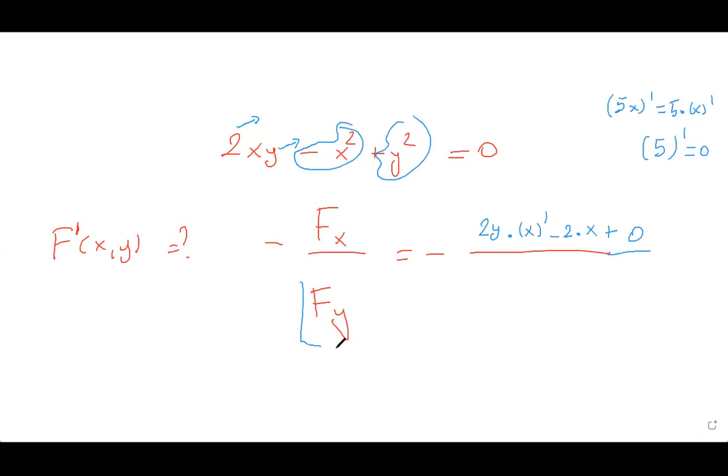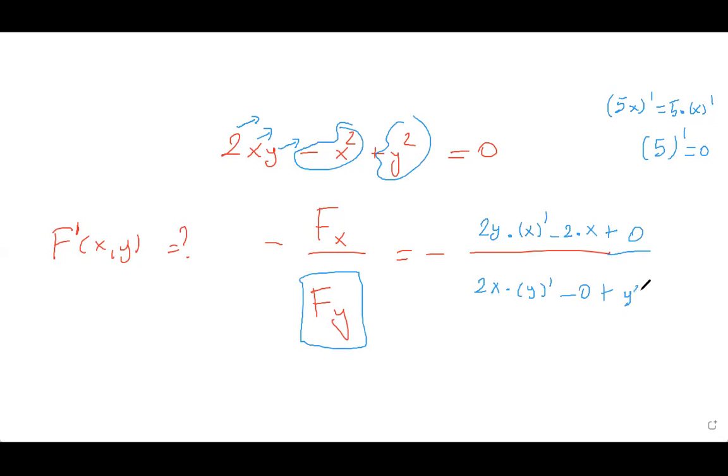Now the derivative with respect to y. So 2 is a number, x is a number, y is a function. That means 2x times the derivative of y, minus x squared, a real number, so 0, plus the derivative of y squared.